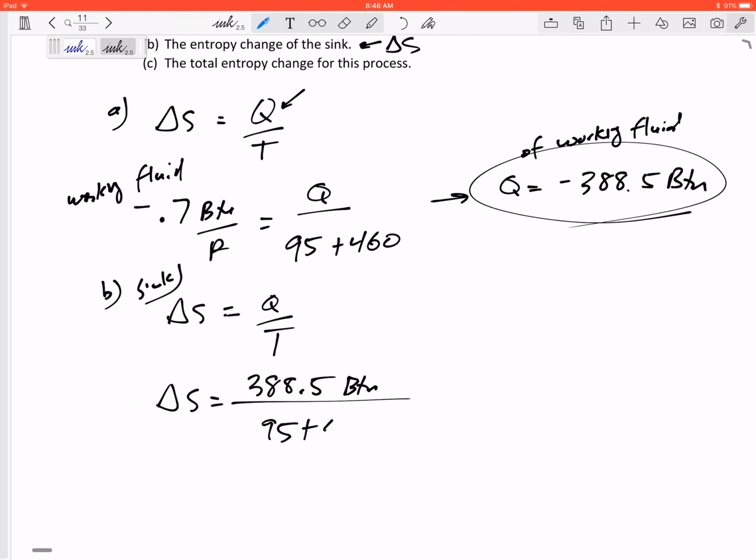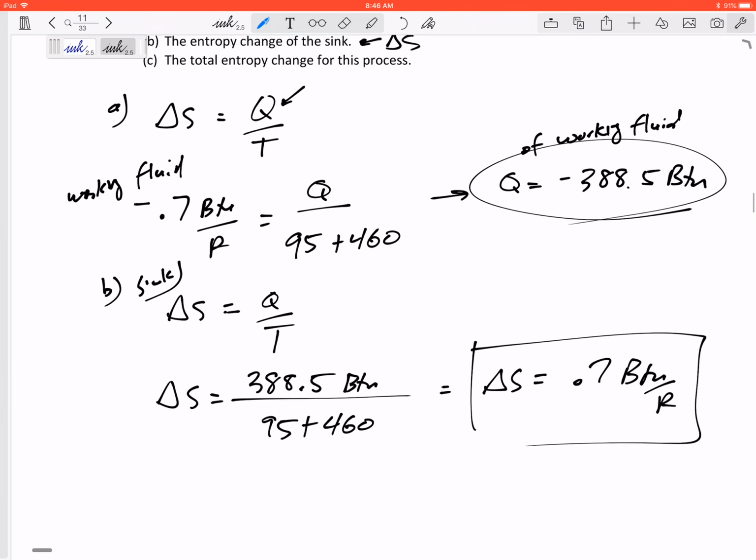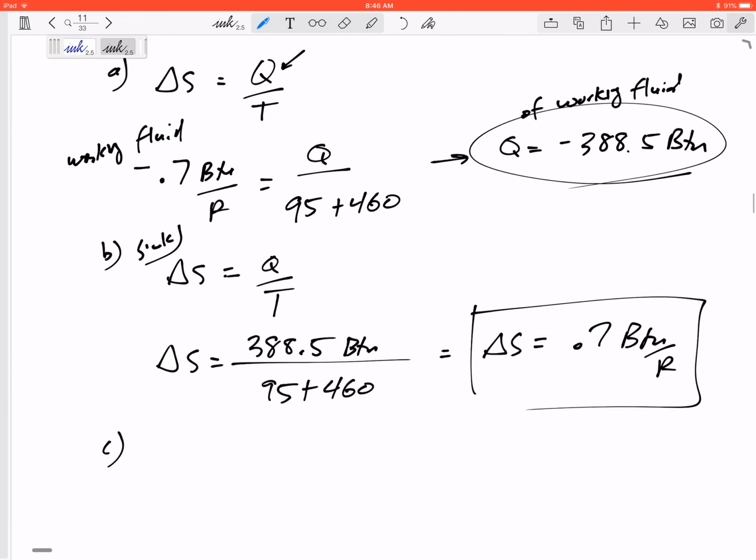Temperature of the sink, same. And so this is the same. It's the same equation, but now it's positive. The change in entropy of the sink is positive 0.7 BTUs per Rankine.